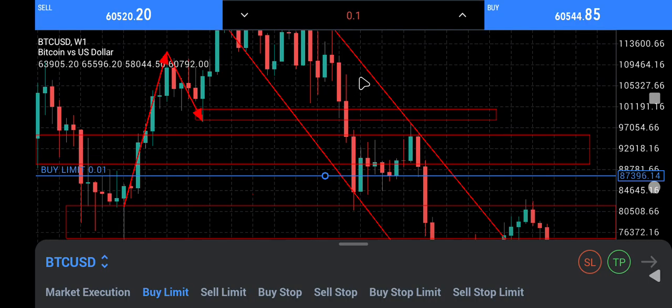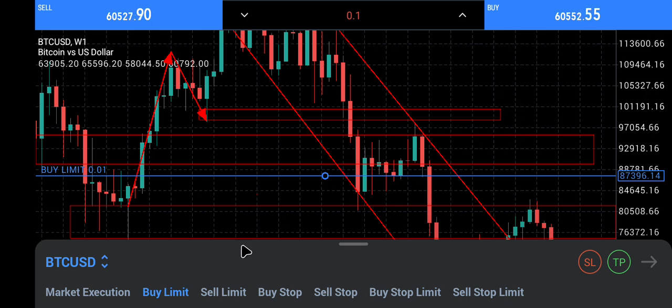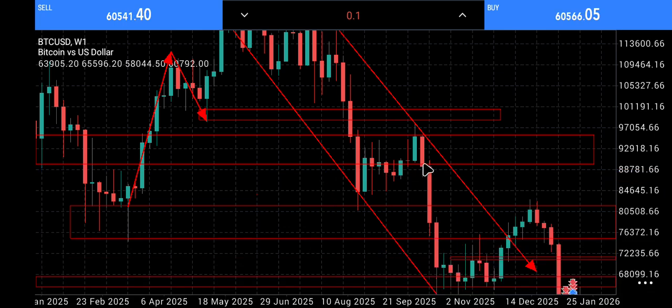When you click this buy limit, you are simply explaining to your broker, and I'll explain about brokers later, that you are going to put a limit order, right?